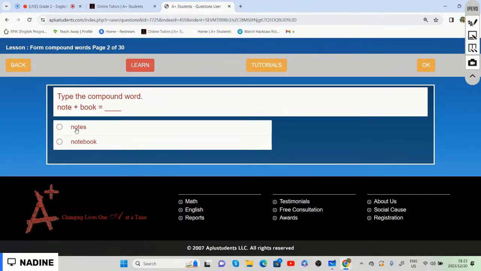Then we have note plus book. So we need to find the compound word, note and book. Is it notes or is it notebook?